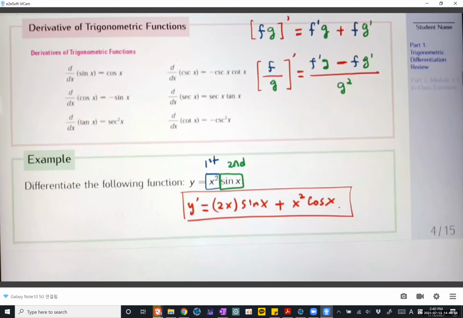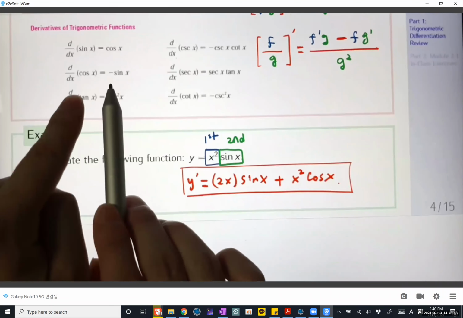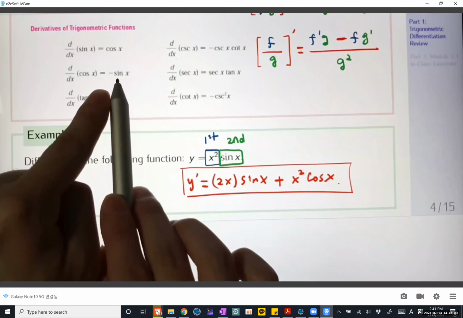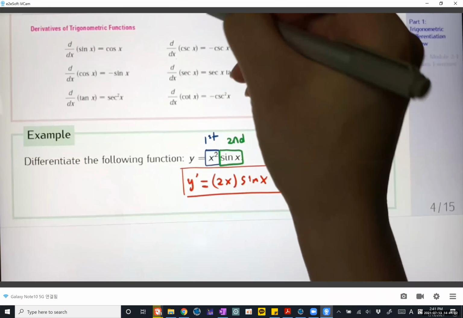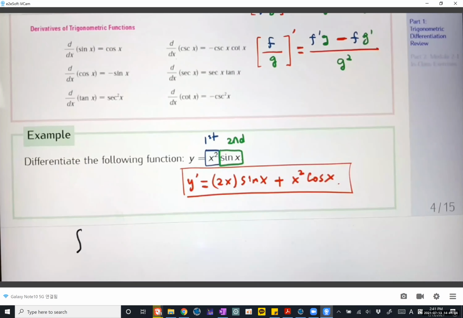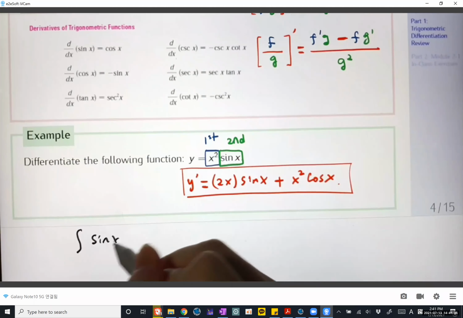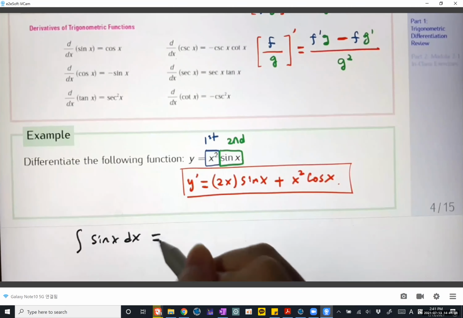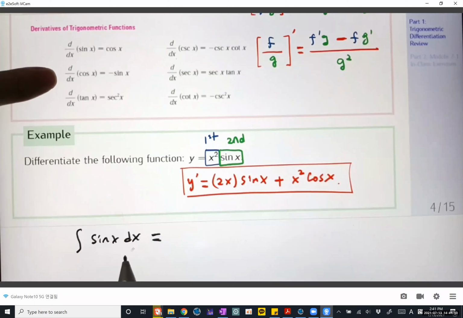Okay. All right, everyone. Suppose I want to find out the integral of sine x, not the negative sine x. So suppose I'm going to integrate now. Integral of sine x. According to our setup here, can anyone tell me the answer for this? Integral of sine x dx is equal to, I'm talking about the integral, not the derivative. Okay.